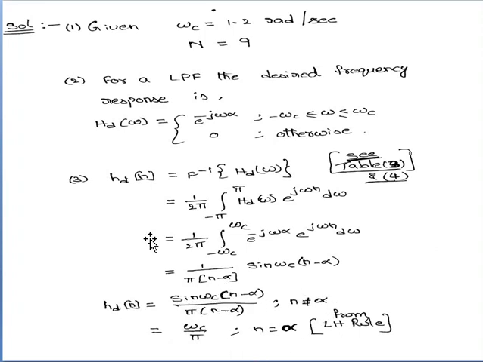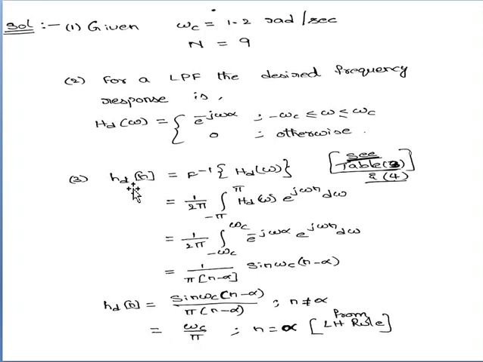Now if you observe this, Hd of n is equal to sin of omega c into (n minus alpha) by pi into (n minus alpha). So here, alpha is nothing but (N minus 1) by 2.